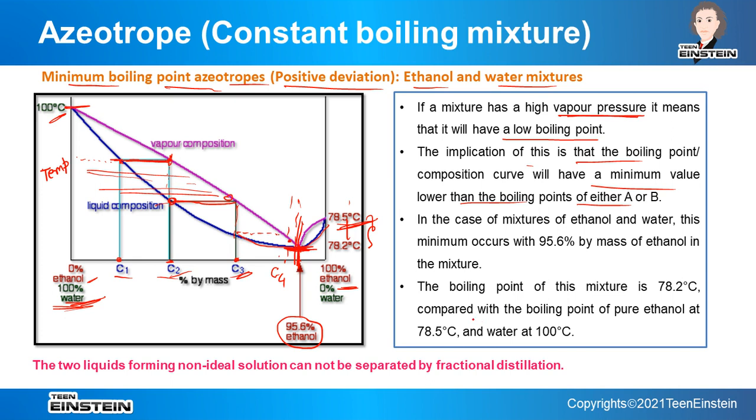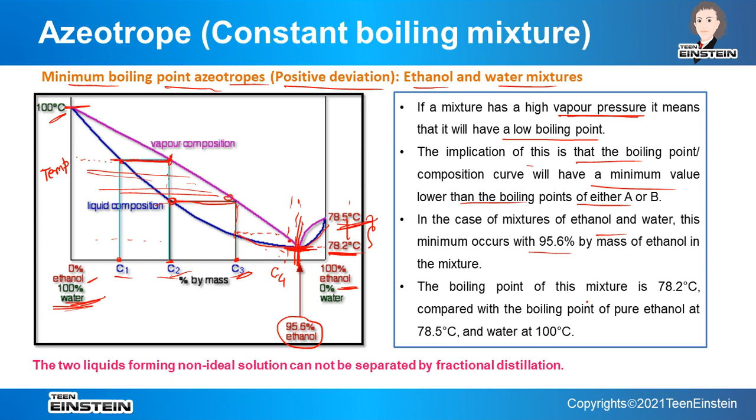Now it will behave as if it is a new liquid having a boiling point of 78.2 degrees centigrade, because if you draw the line along this line, then it will be 78.2. So in the case of a mixture of ethanol and water, this minimum occurs with 95.6% by mass of ethanol in the mixture.